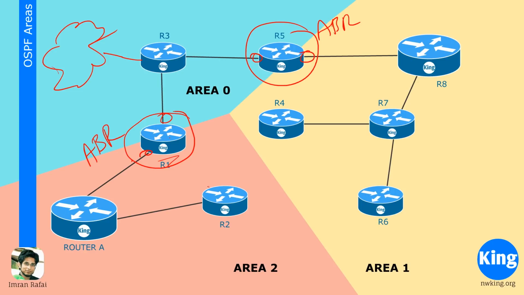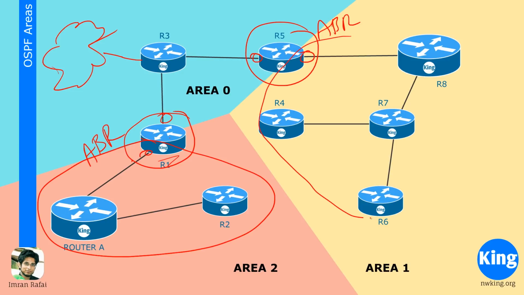All the networks that are part of one area stay there, but one of the routers should be in area 0. Similarly, all these routers are part of area 1, and one interface of this ABR will be in area 0, and area 0 is what connects to everything else. That's one of the critical things.